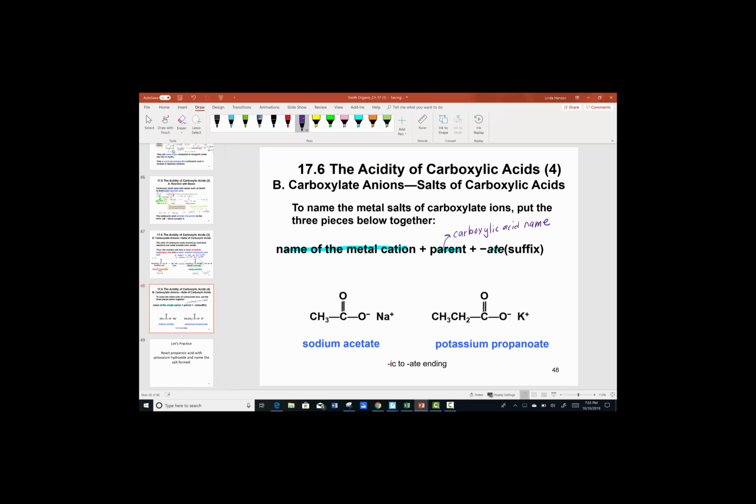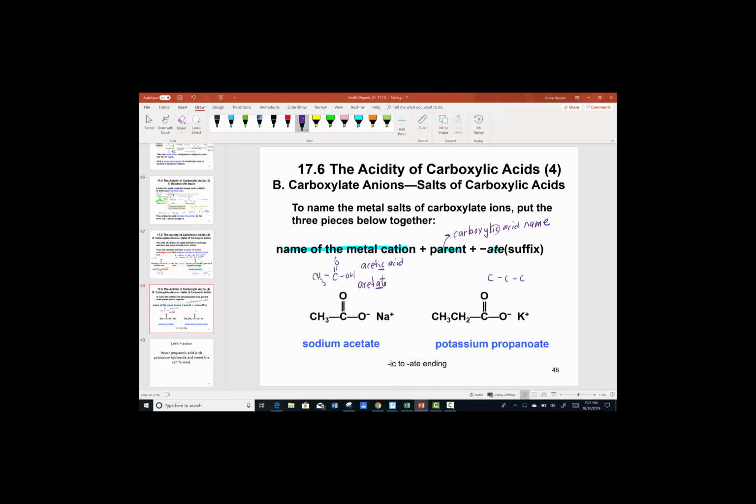So the last part of the acid is ic. It turns to ate. So let's practice here. This, as a carboxylic acid, just to remind ourselves, would be called acetic acid. And so its salt would be called sodium acetate. So this would be acetic acid turning to acetate, ic to ate.